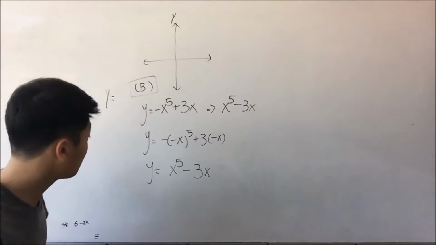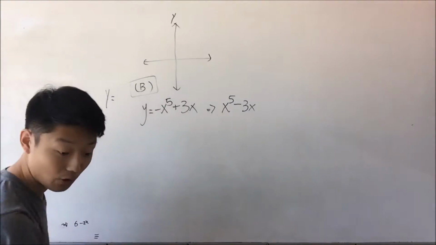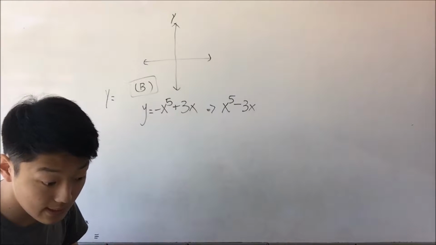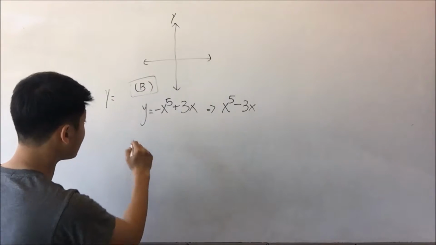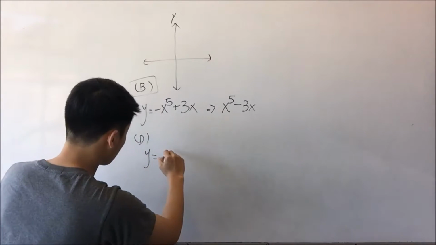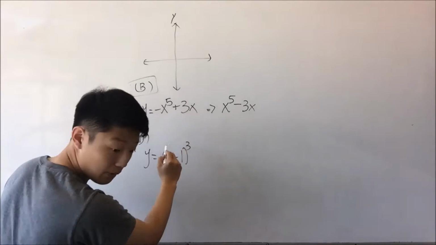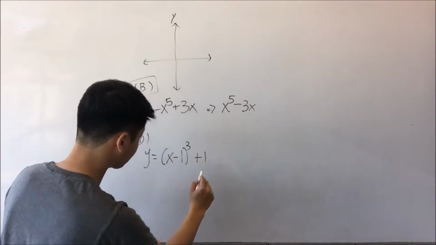For you to notice, I will use another choice. Let's look at option D. Option D, y equals x minus 1 to the power of 3 plus 1.